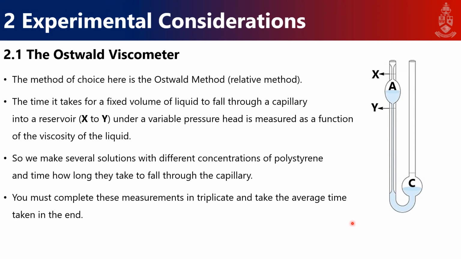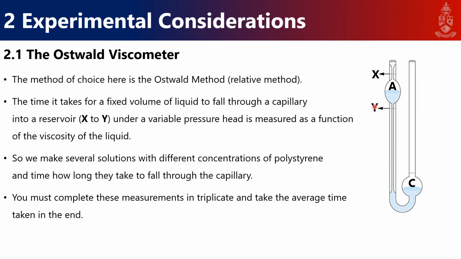The specific apparatus to use for this is something called an Ostwald Viscometer, and it is, of course, a relative method. Essentially what it does is we have a fixed volume of liquid in a specific area, and we time how long it takes under the force of gravity. I know there's still a force, remember, so it falls down under the force of gravity, but there's not an object moving through it.